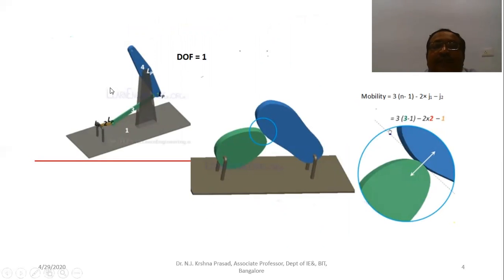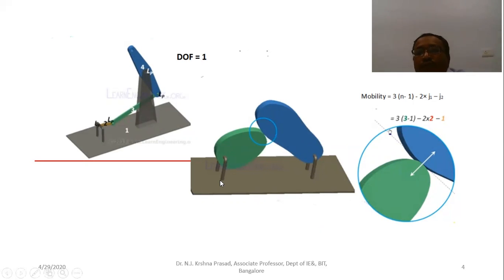Here, these are the different mechanisms that are used to find out the mobility. See here, we have link 1 fixed. This body is link 2. This one is link 3. Total number of links is 3. And J1, so here it is 1, and this one it is 2.